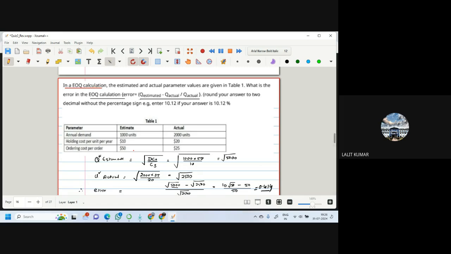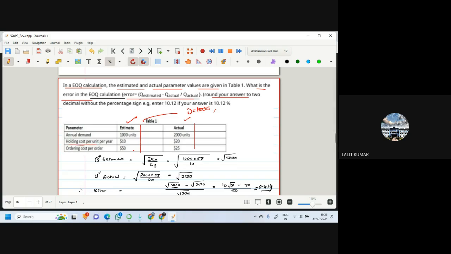In an EOQ calculation, the estimated and actual parameters are given. What is the error in EOQ calculation? Error is given by Q estimated minus Q actual, divided by Q actual, into 100. Round it. So these are the figures they have given. This is the demand, demand is equal to 1000.